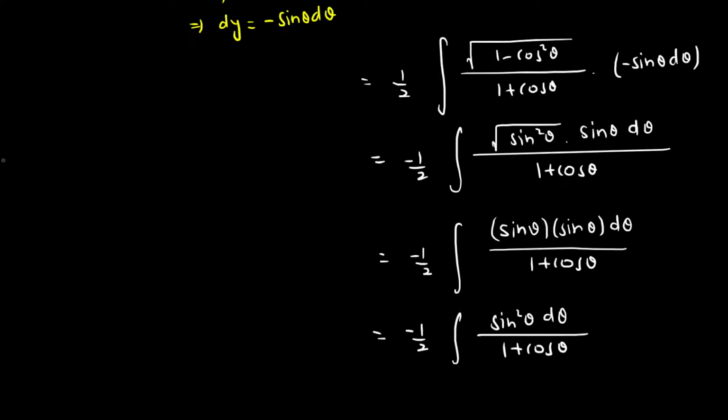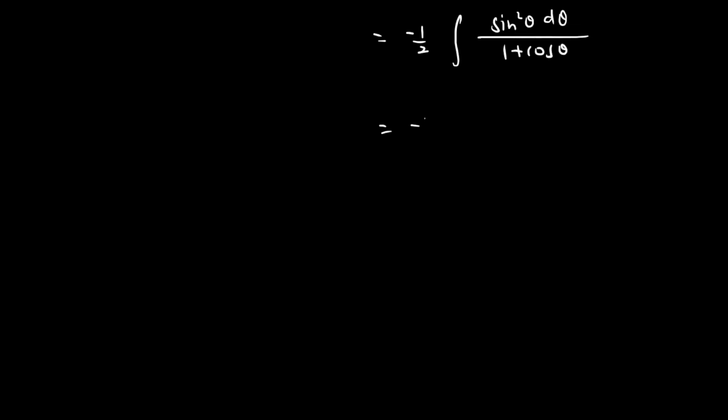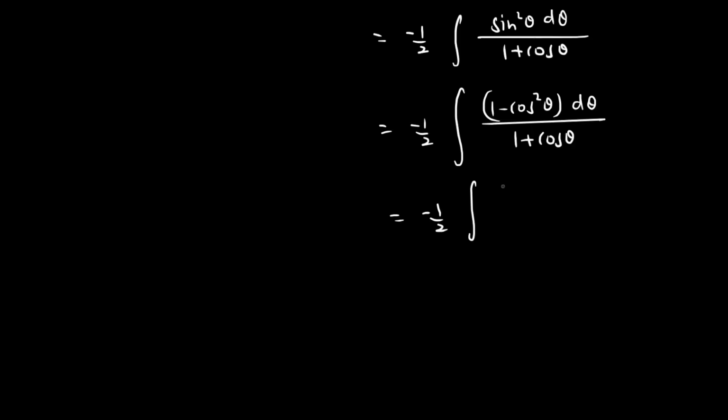And I think now you know what we have to do. We have to again manipulate this particular identity. This will become negative 1 over 2, and sine squared theta is what? 1 minus cos squared theta, right? So that's going to be 1 minus cos squared theta d theta over 1 plus cos theta. All we have to do is use the difference of squares identity.